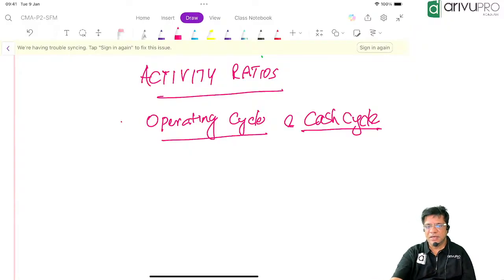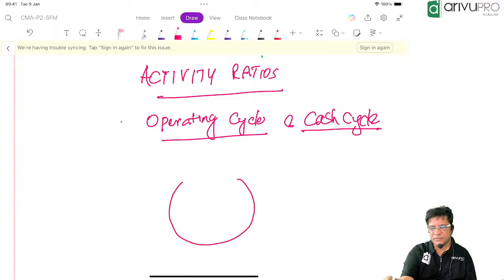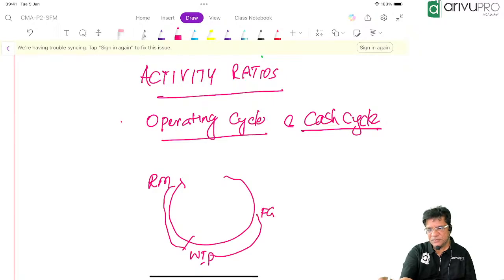So this entire cycle: from raw material purchase, then direct labor and machine, it becomes work in process, and from work in process to finished goods. When you sell the finished goods, AR is created, and cash is collected from AR.